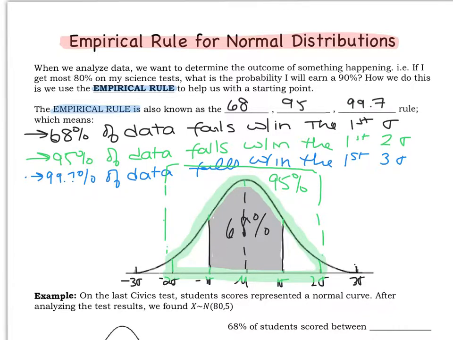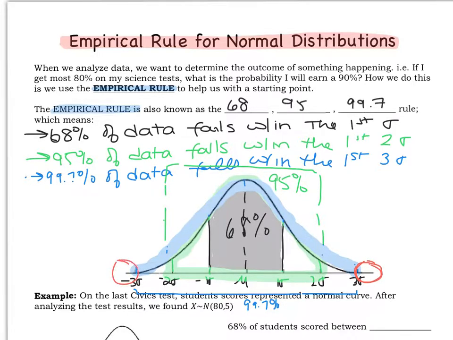And then 99.7% of your data is almost the whole thing except for the wings. It's everything within three standard deviations. That's 99.7% of my data.